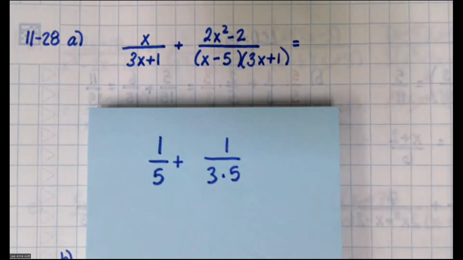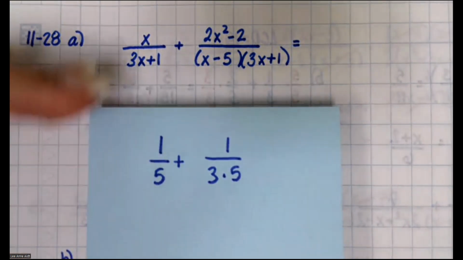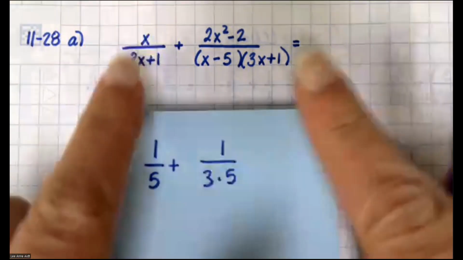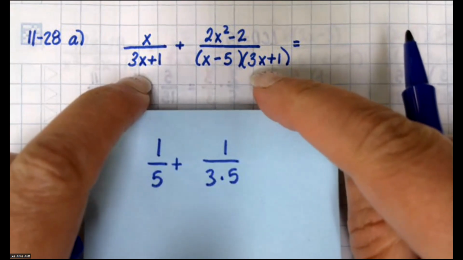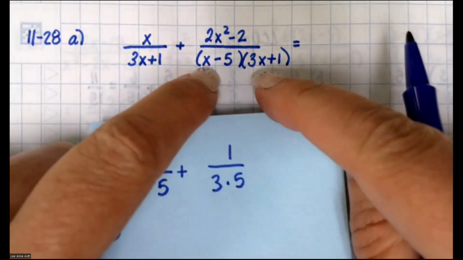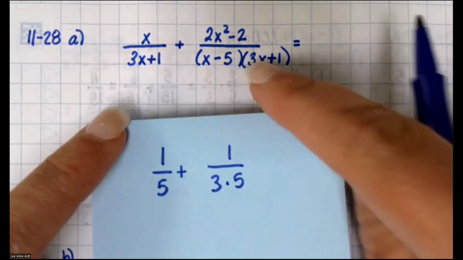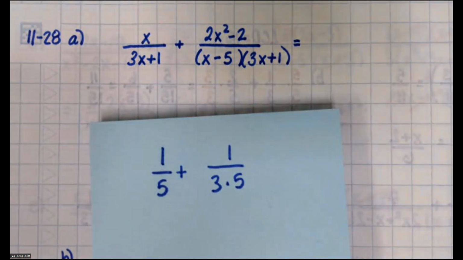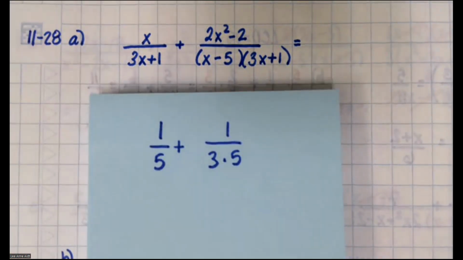This is a 5th grade version of this. So these are the same number. This is a different number. And these 2 are being multiplied together. Okay, are you with me so far?